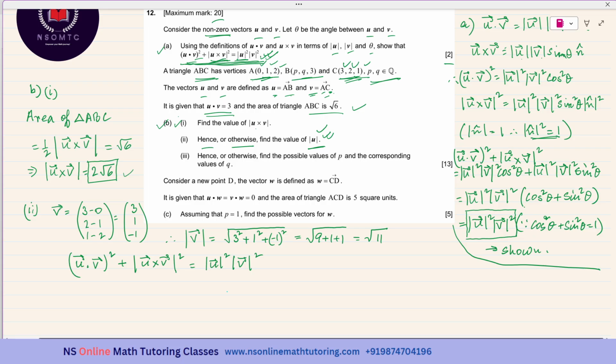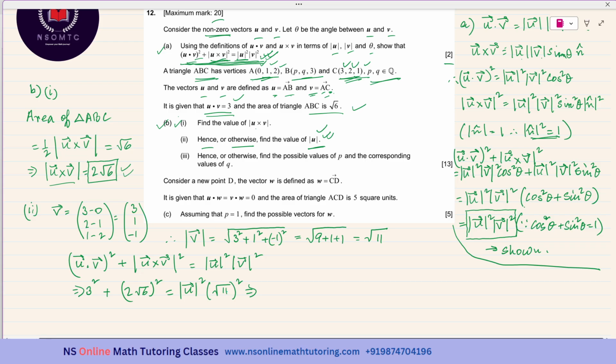And U dot V is equal to 3, so it is 3 square plus this one is 2 root 6, so 2 root 6 square, is equal to magnitude of U square times root 11 square.